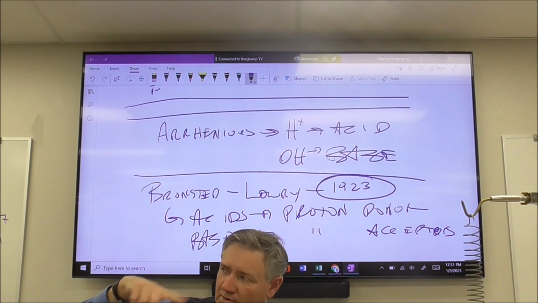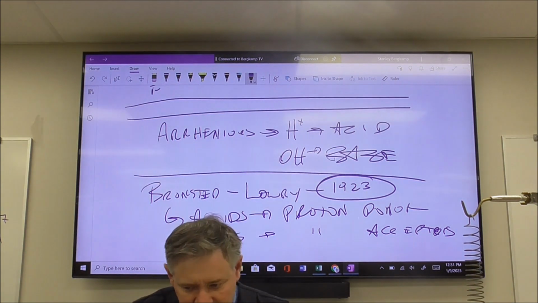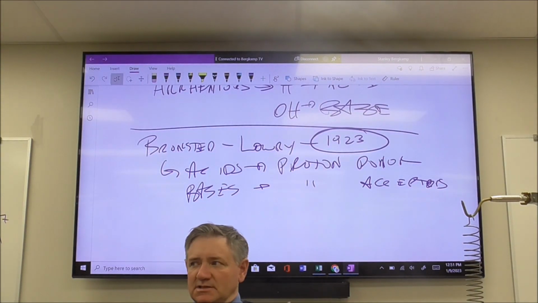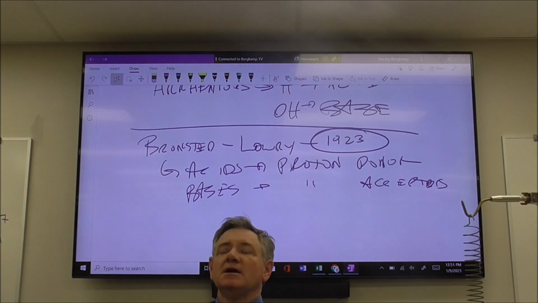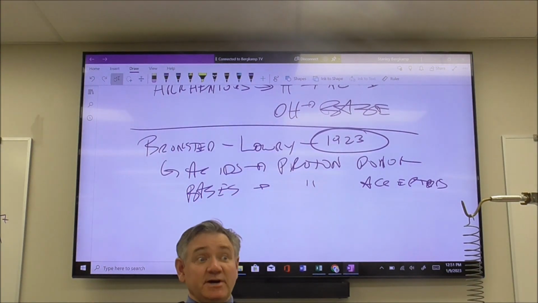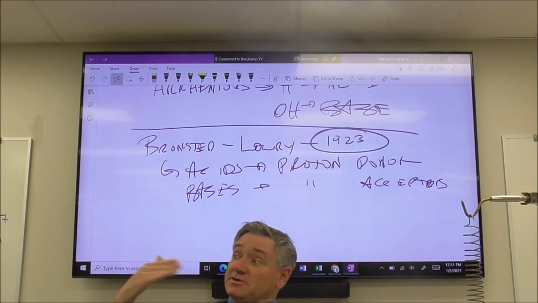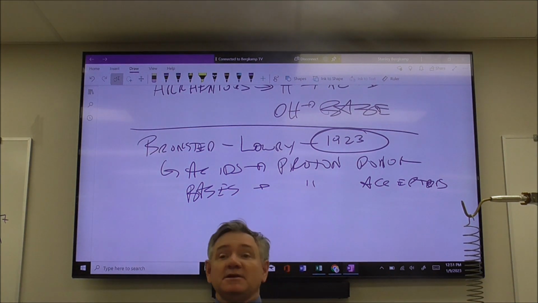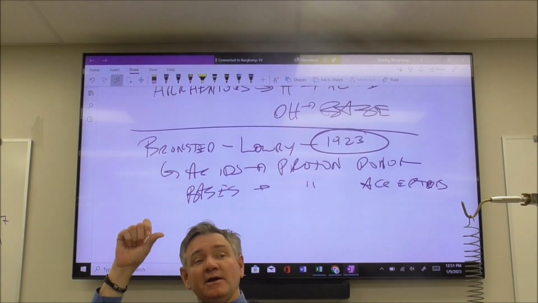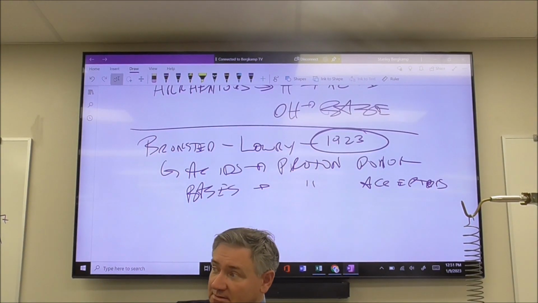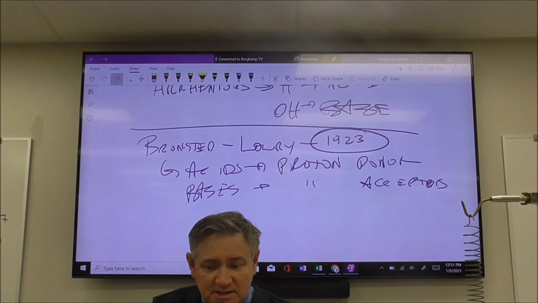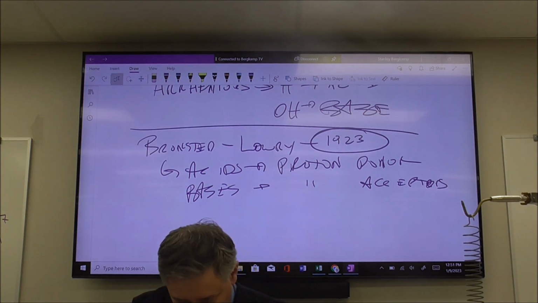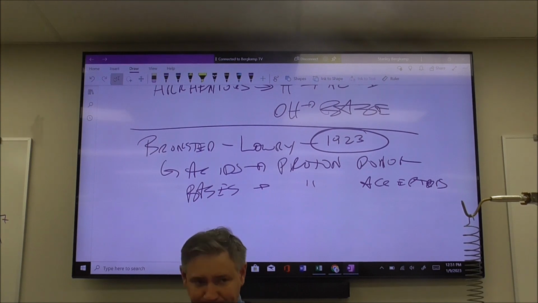Now, the more advanced one is called the Bronsted-Lowry definition. Here's the significance of the timing: it came into being in 1923, 100 years ago. The Bronsted-Lowry definition of an acid is that it's a proton donor, and bases are proton acceptors.